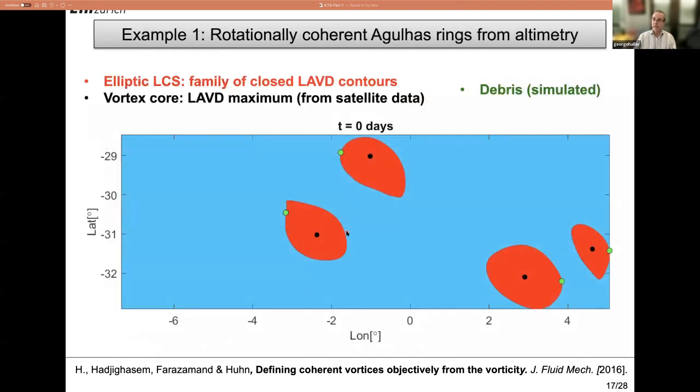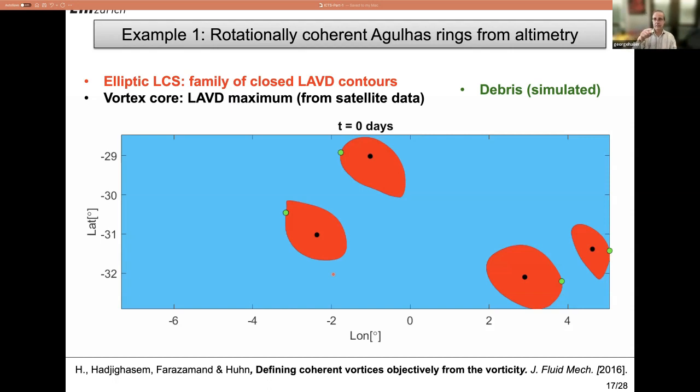It has an added advantage. You can prove using LAVD, and this has a mathematical proof that I'm not going into, but it's in this paper, that if you put inertial finite-sized particles in a flow, then not only do LAVD contours give you material vortex boundaries, but LAVD maxima are the vortex cores to which your inertial particles will be attracted.